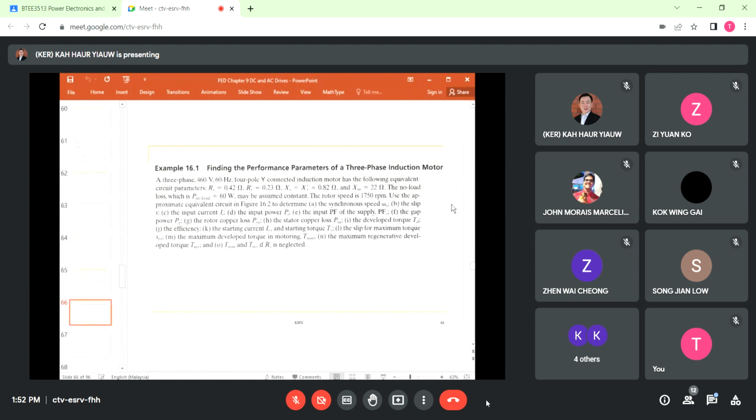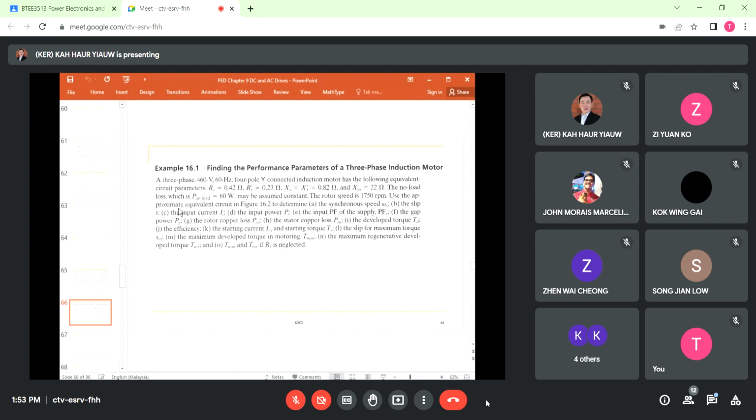Taking example 16.1 here, finding the performance parameters of a three-phase induction motor. A three-phase 460 volt 60 Hz 4-pole Y-connected induction motor has the following equivalent circuit parameters: Rs, Rr prime, Xs, Xr prime, Xm are given.